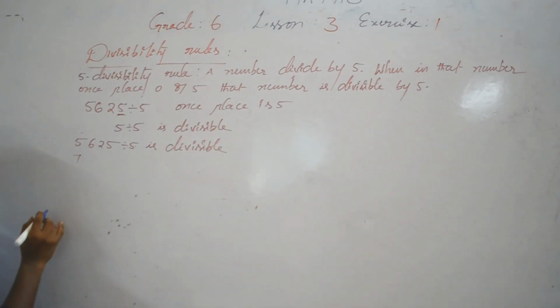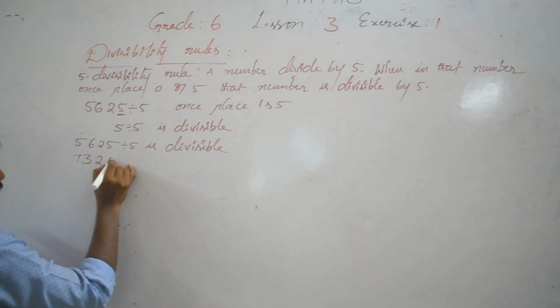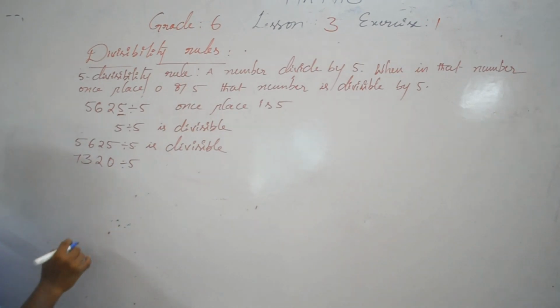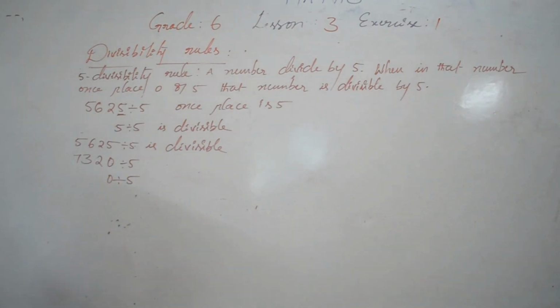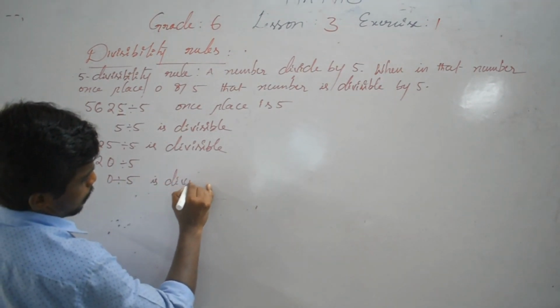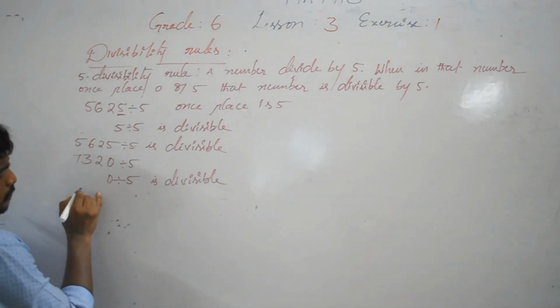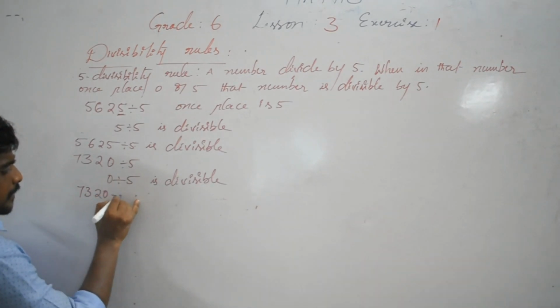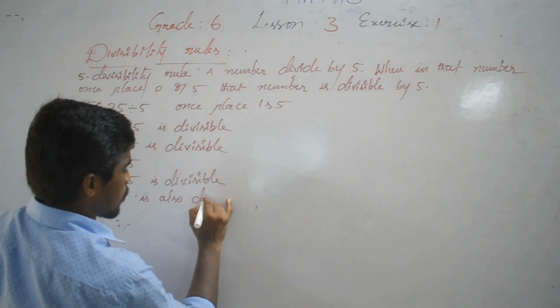Next, 7320 divided by 5. So ones place 0 divided by 5. In the 5 table, does 0 come or not? 5 zeros are 0. So 0 divided by 5 is divisible. 7320 divided by 5 is also divisible.